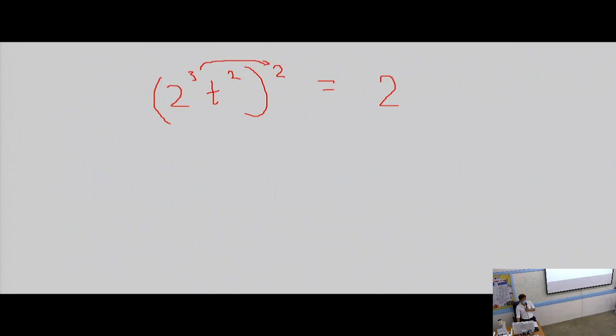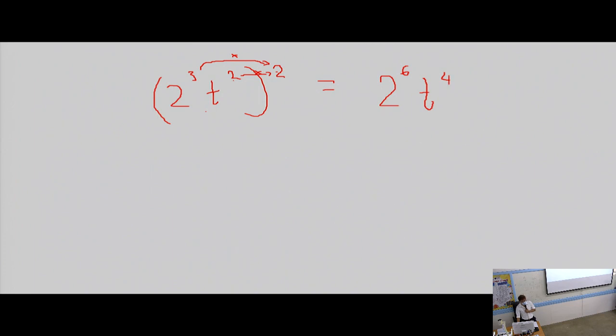This is power to a power. 3 times 2. That is 2 to the power of 6. How about this one? t to the power of 2 to the power of 2. That is? Oh, this is still multiplication. t to the power of 4.